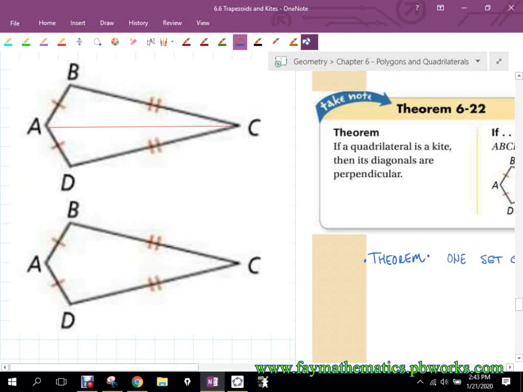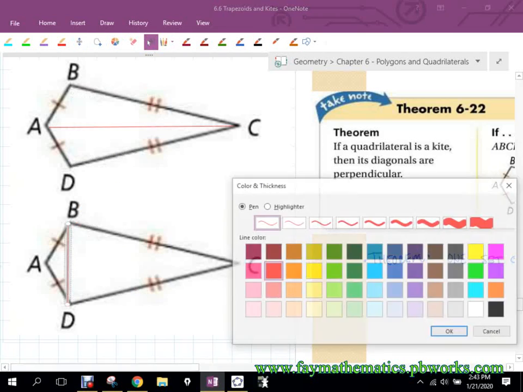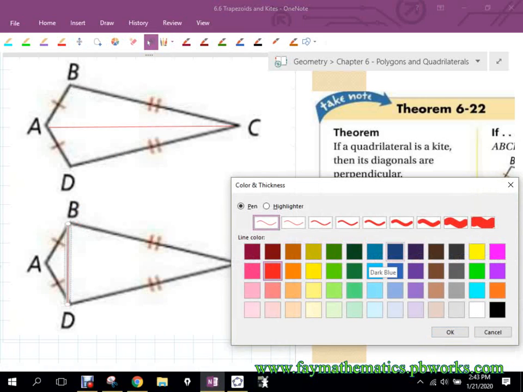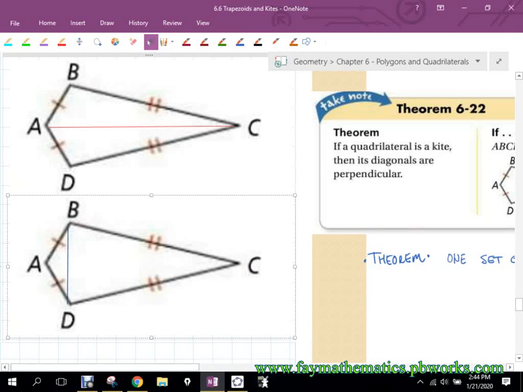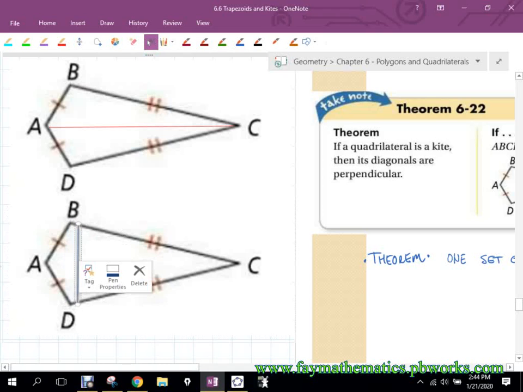And then we'll do one from B to D. I don't know how well you guys can tell, but that's a blue segment there.